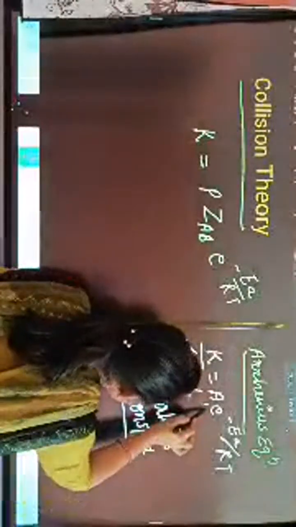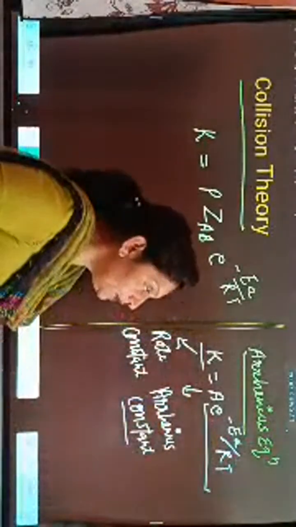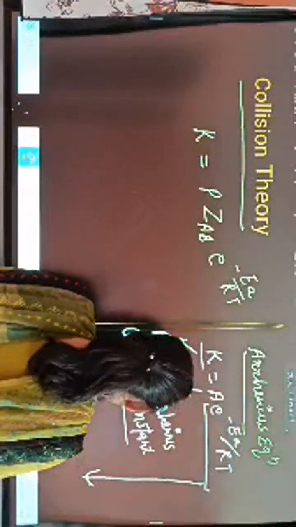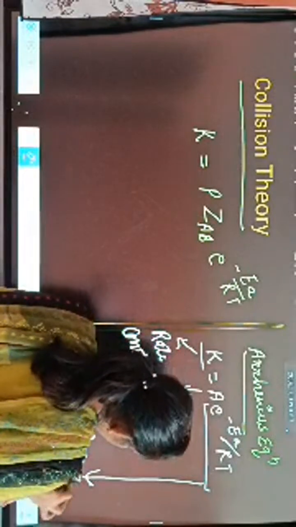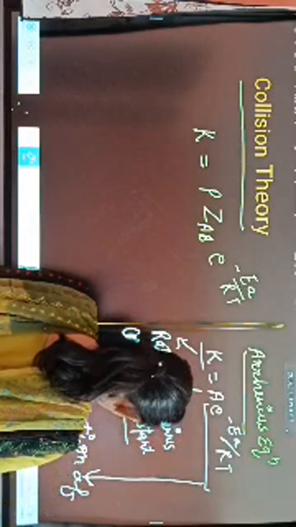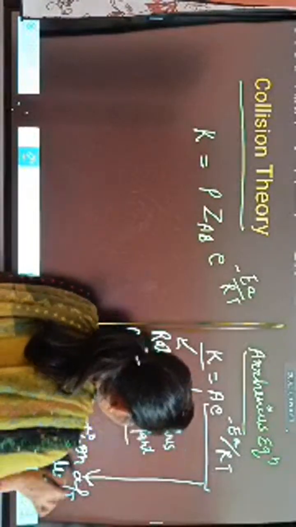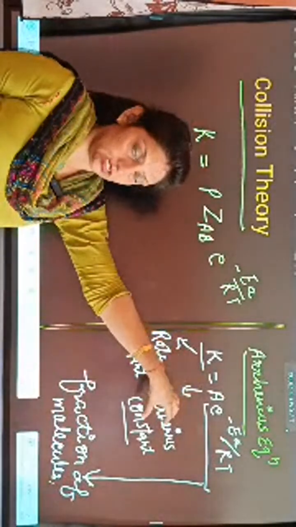And this e to the power minus Ea by RT was the fraction of the molecules which are making effective collisions. Students, I discussed all about these things.